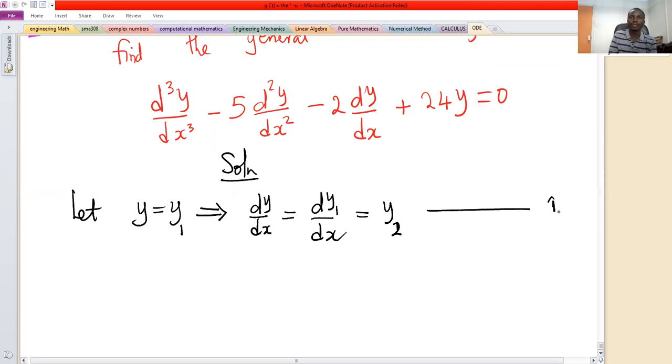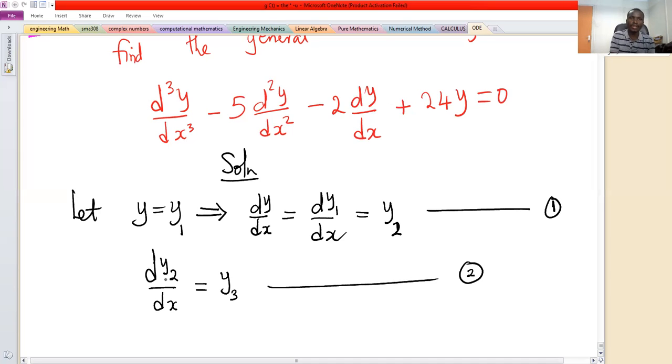Call this equation 1. Now, when you differentiate this again, you get d squared y dx squared, which is the same as d squared y1 dx squared, the same as dy2 dx. So dy2 dx, let it be y3. Call this equation 2.